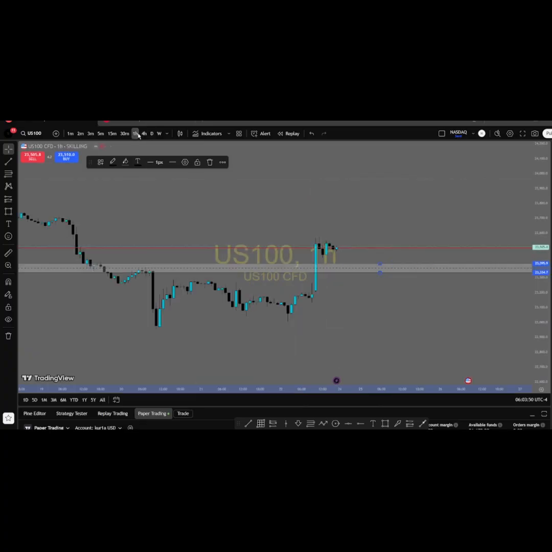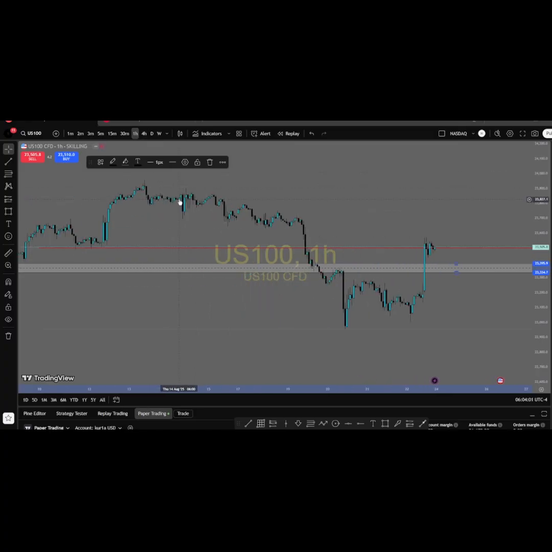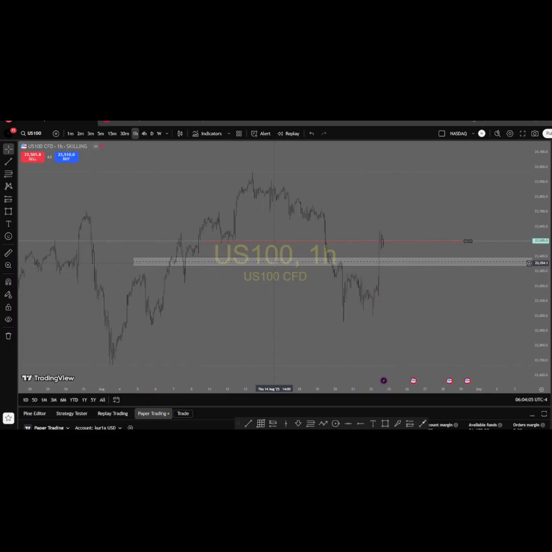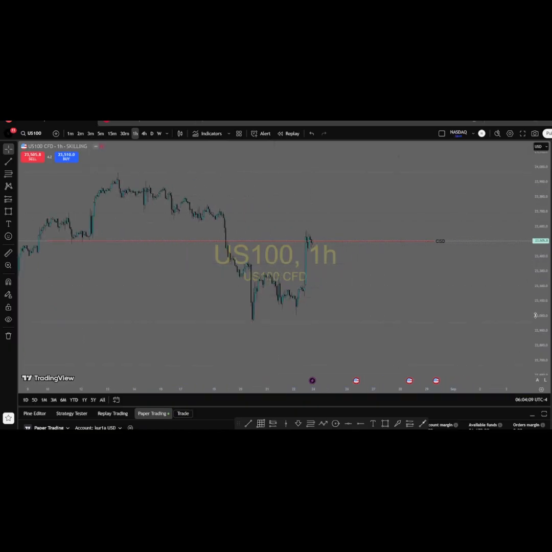Let's go down to the 1 hour chart. We could also go directly to the 15 minutes, but let's just go through this. I will delete this fair value gap because we have already talked about it from a daily perspective.